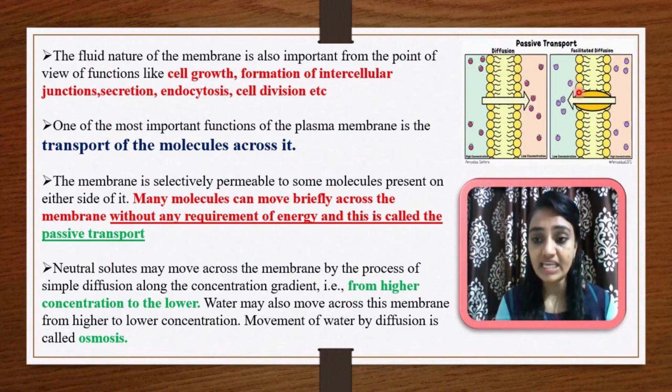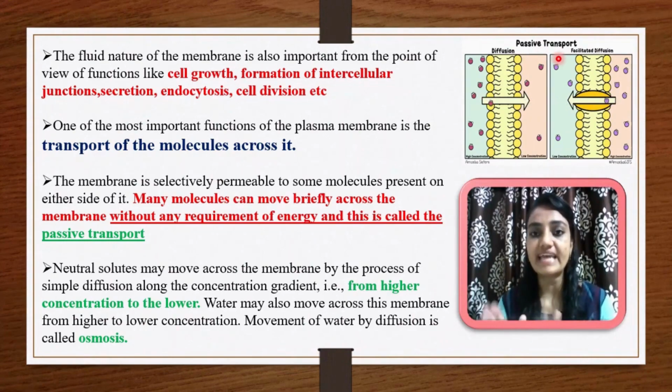And if, without using energy, they are just using protein molecules, such an important type of transport is considered facilitated diffusion. So passive transport can be divided into two groups: diffusion and facilitated diffusion. Let me repeat, what is passive transport? Passive transport is transport across the cell membrane without using any energy, and it can be divided into two groups: simple diffusion and facilitated diffusion.